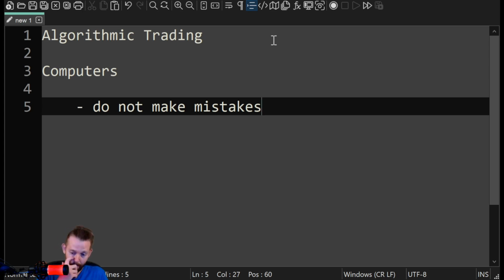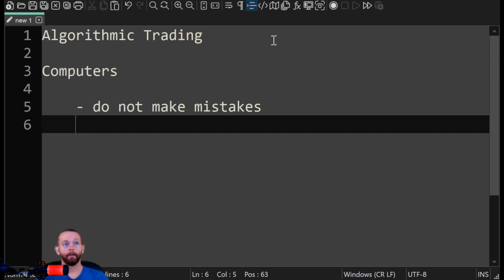What else can they do? They can do math very quickly. When I'm sitting at my desk, even though I have calculators that I've made and I have strategies and I've done a lot to make sure that I don't have to think too much when I'm actively trading, still, there is some thought involved.